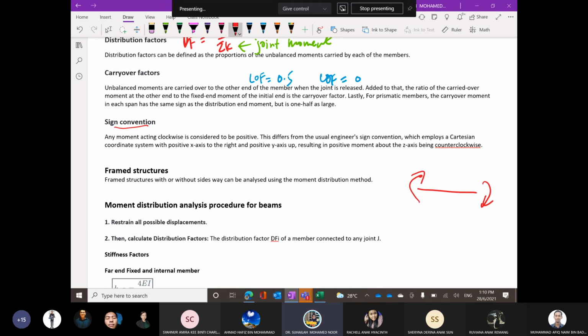Whenever we compare with the fixed end moment, which is the moment coming from the behavior, and compare these two, we will get one FEM negative and another one positive.